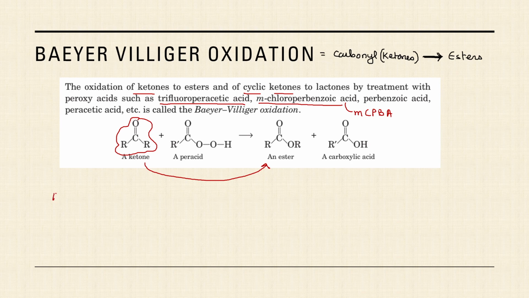कुछ simple ideas, मतलब कुछ simple examples मैं आपको दे देता हूं. For example, if you take CH3 C double bond O CH3 and you treat it with MCPBA, you will be getting CH3 C double bond O OCH3.